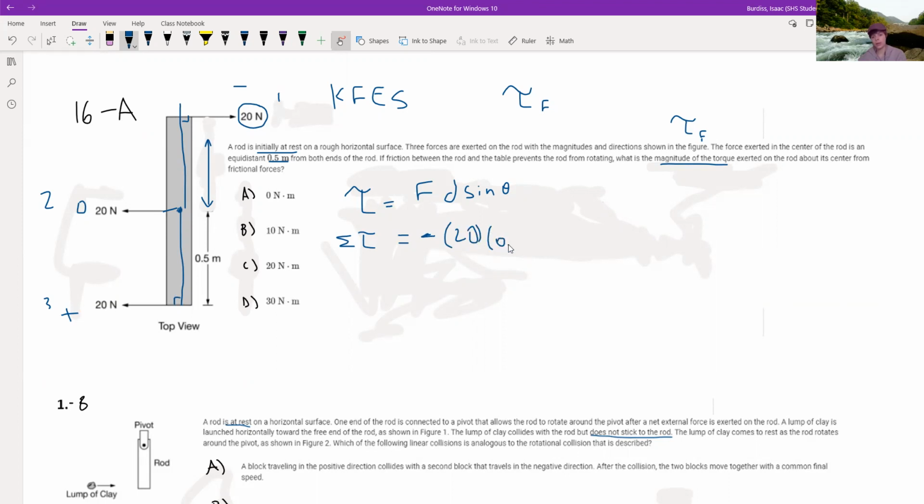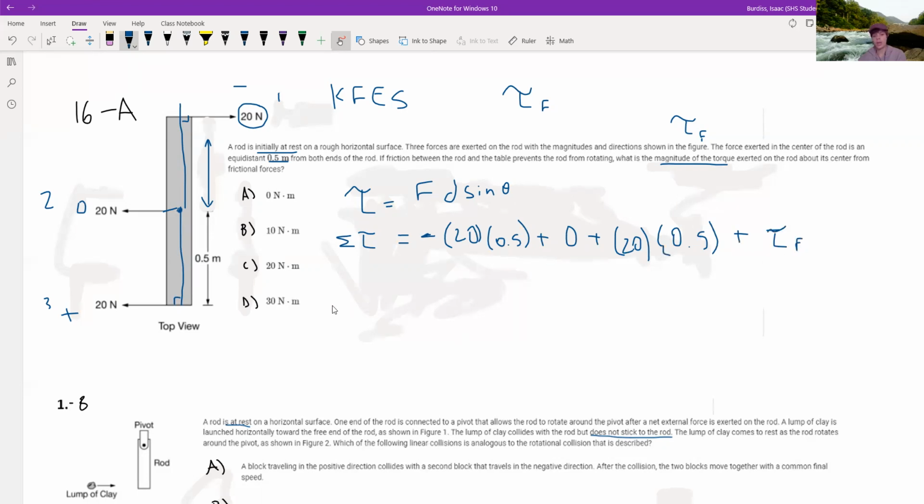The angle is 90, sine of 90 is 1, so we don't have to put that. Plus, the torque of 2 is 0, I already said why. Then torque of 3 is positive. We have 20 as the force, and then 0.5 as the distance. And then plus this frictional torque that we're trying to find.